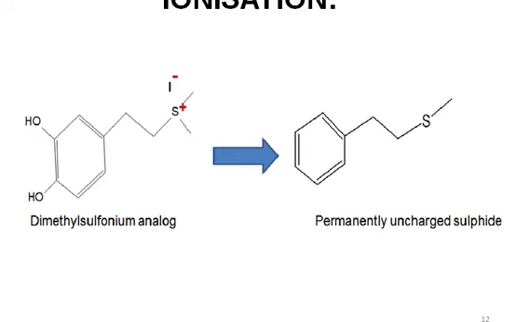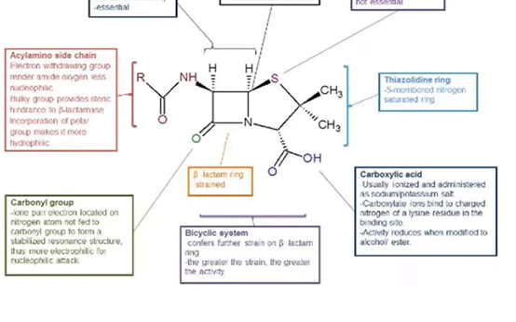Now we shall study some case studies of structure activity relationship, and the first one will be penicillin. We'll see what modifications we can make in the structure of penicillin. When we do the structure activity relationship, first see what functional groups we have here. This is an amide group.